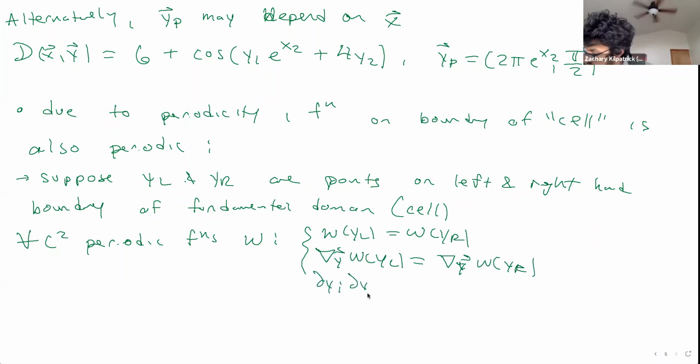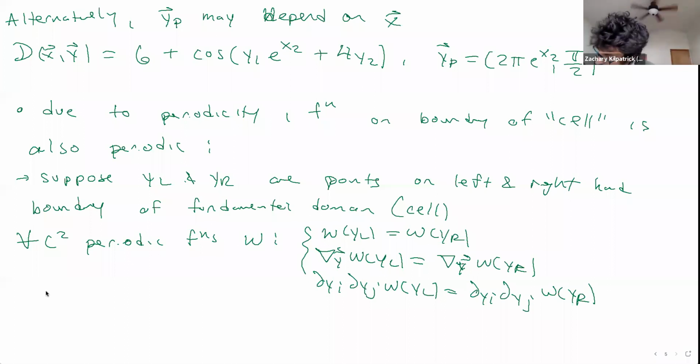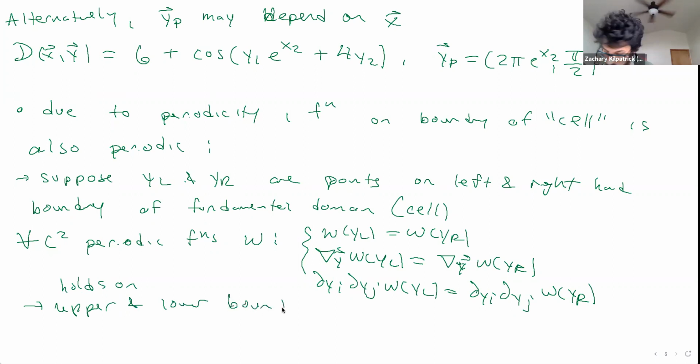DYI, DYJ of W of YL is equal to DYI, DYJ of W of YR. Okay. So this also holds on the upper and lower boundaries. Okay. All right.